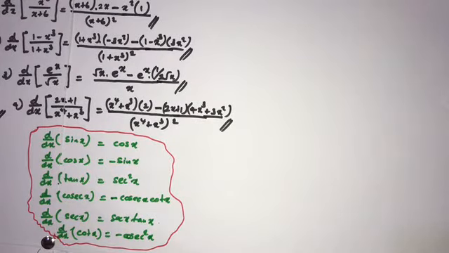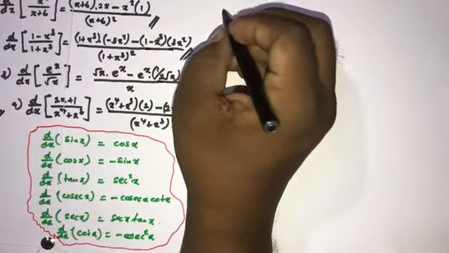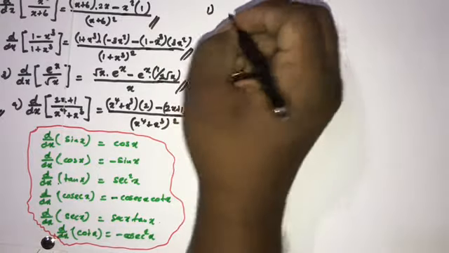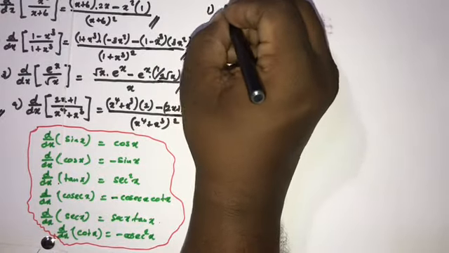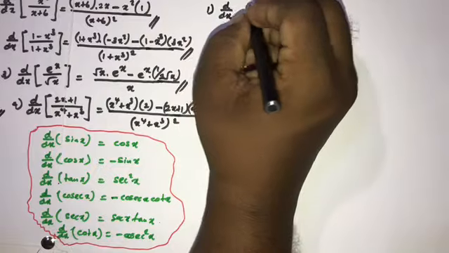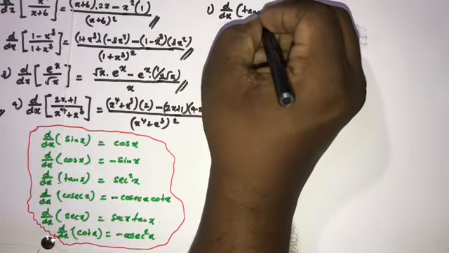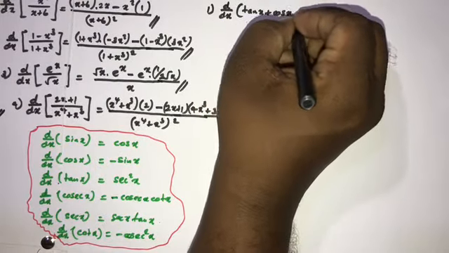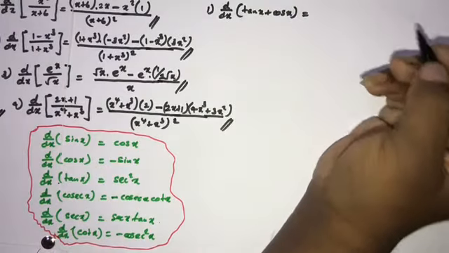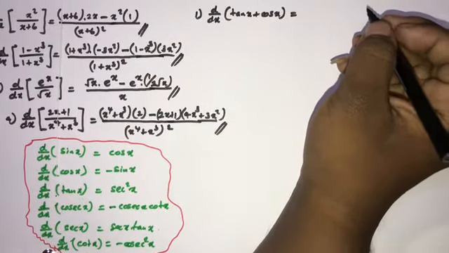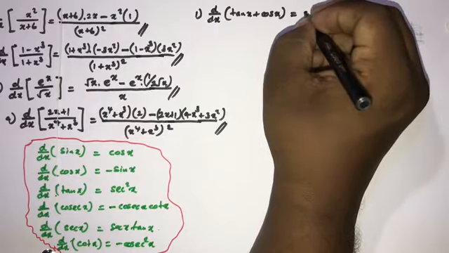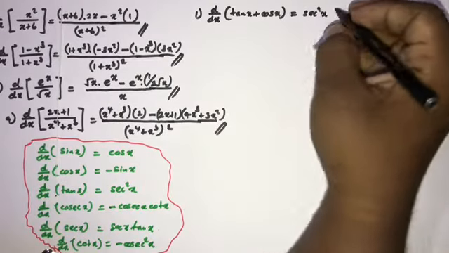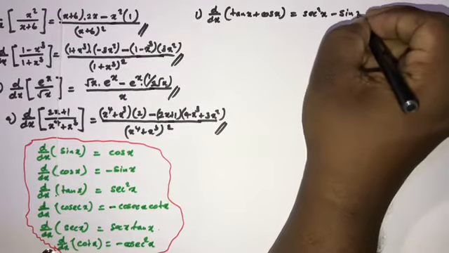First, if we take the derivative of tan of x plus cosine of x, we know tan of x gives secant square of x, minus here sine of x.